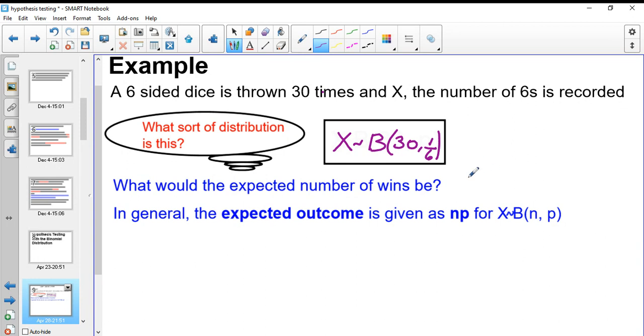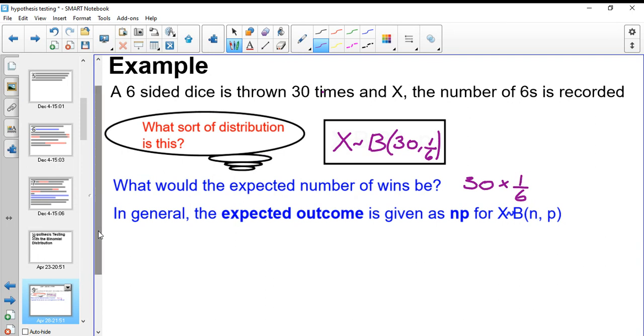So that is 30 times by 1/6. So this is n is 30, and then this is 1/6. This is called the expected outcome. So the expected outcome is the product of the number of trials and the probability of success, sorry. So in this case, the expected outcome would be 5. You'd expect to get 5 sixes out of 30.